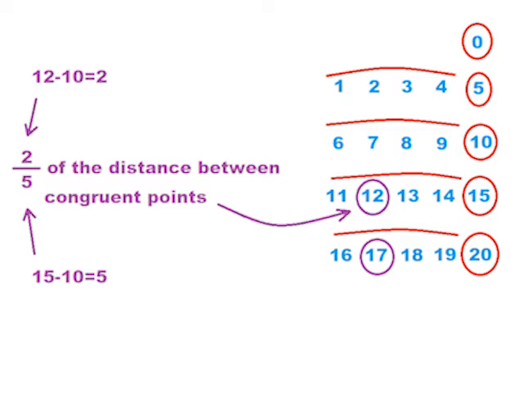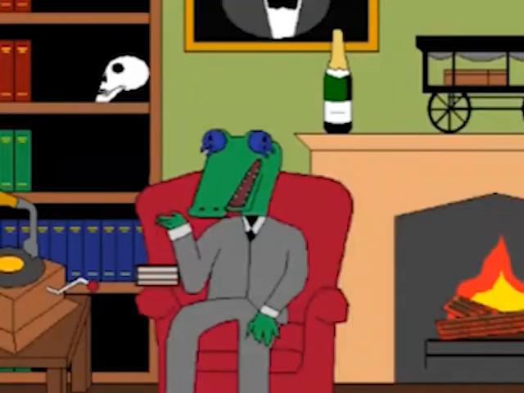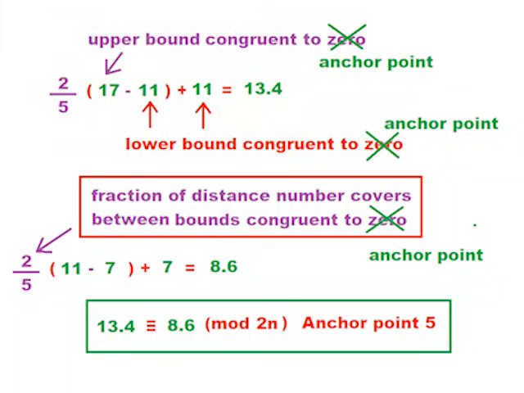In particular, it will give us points that are a distance of 2 away from the lower bound of a region where the modulus is constantly 5. The only modification we have to make to this strategy when our modulus varies is that we consider upper and lower bounds congruent to the anchor point instead of congruent to 0. But otherwise, the thought process is the same.